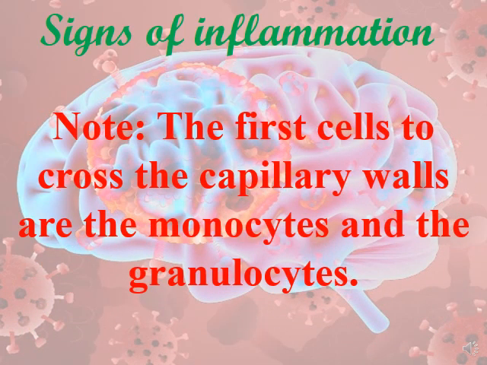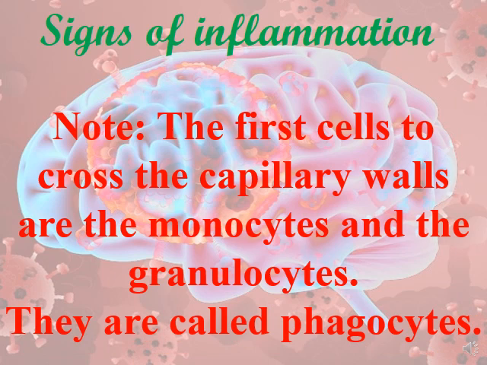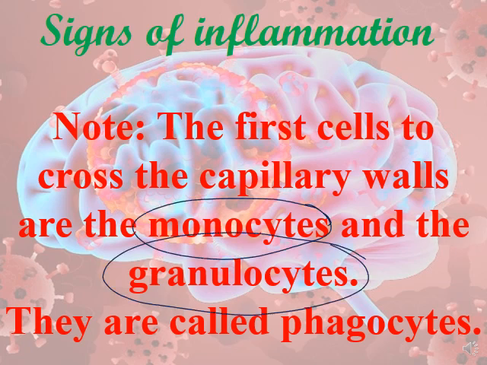Note that the first cells to cross the capillary walls are the monocytes and the granulocytes. That's why monocytes and granulocytes have a role in phagocytosis. We call them phagocytes. So here you have to know that macrophages, monocytes and granulocytes all have a role in phagocytosis.